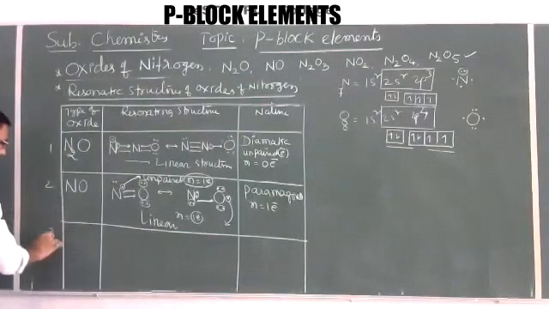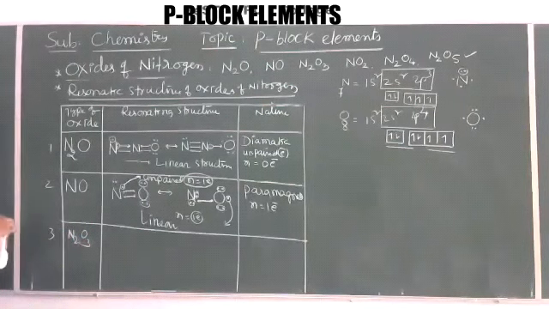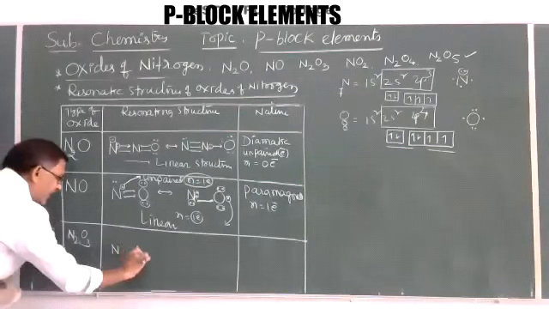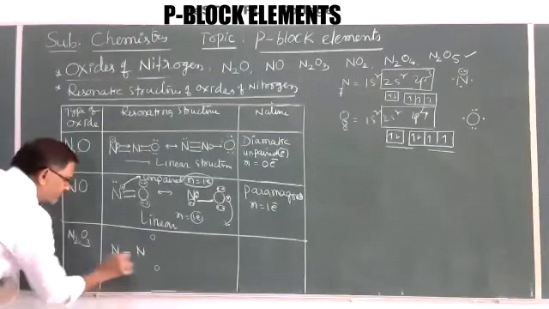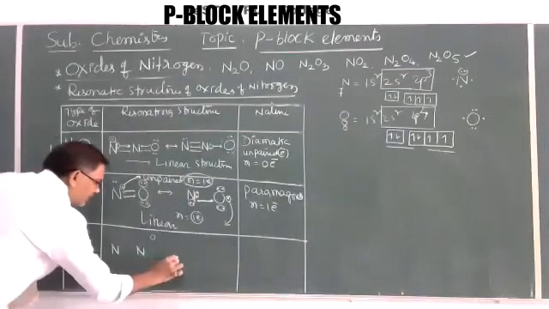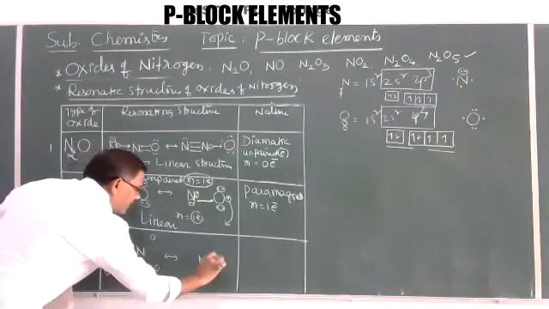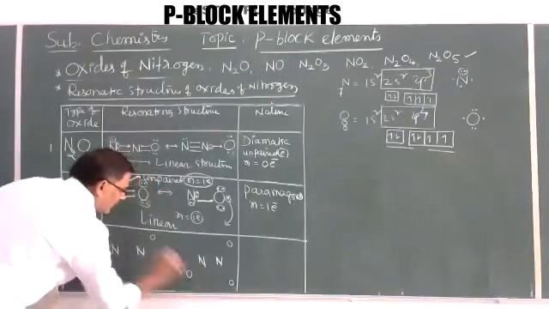The third one is N2O3, dinitrogen trioxide. There are two nitrogen atoms, and between nitrogen and oxygen atoms, here two oxygen atoms and here one oxygen atom, we create like this. Now here also N and N, here two oxygen atoms and here one oxygen atom.